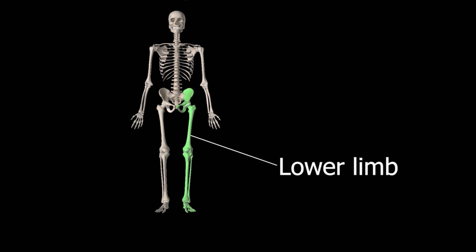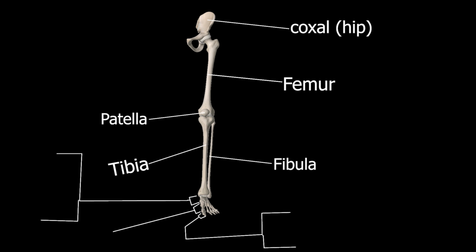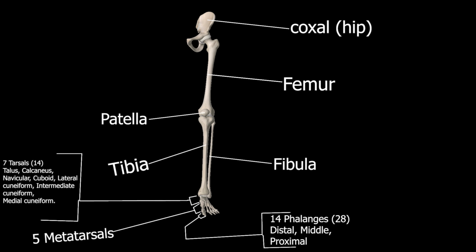Lower limb: hip, femur, fibula, 14 phalanges, distal, middle, proximal, 5 metatarsals, 7 tarsals, talus, calcaneus, navicular, cuboid, lateral cuneiform, intermediate cuneiform, medial cuneiform.